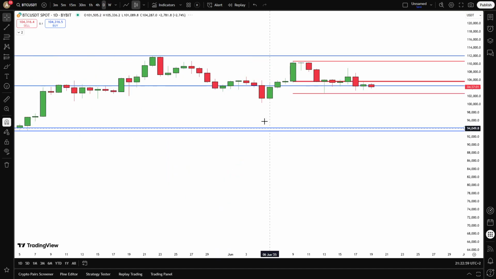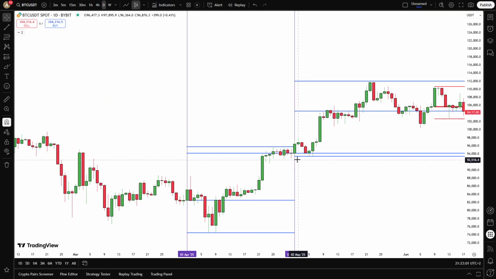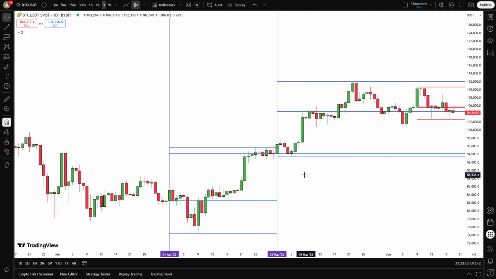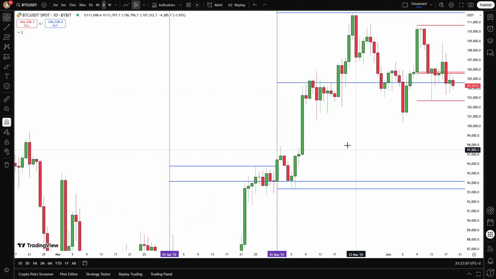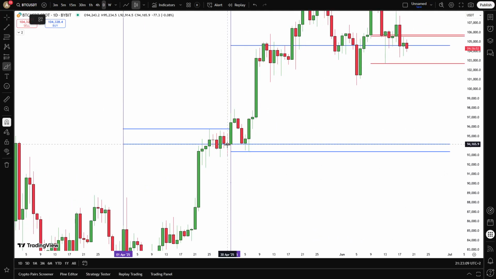So let's go on to the daily to illustrate it a bit better. You see here the month started. So what really happened at the start of the month? You've gotten a break and retest and hold of that previous monthly high.